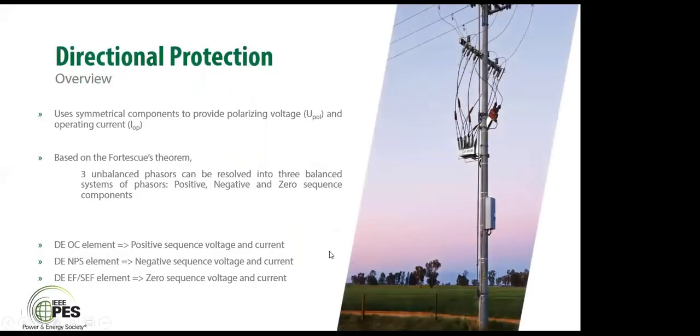For directional protection, we have to keep in mind that to operate a relay, we need a polarizing voltage and an operating current. These two parameters we need to operate a switchgear.